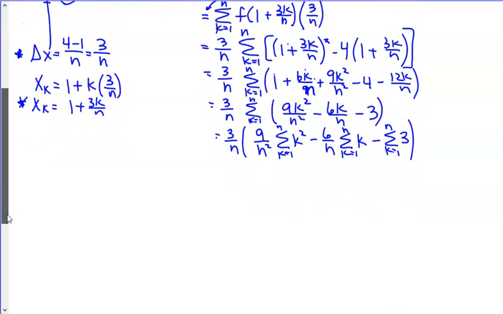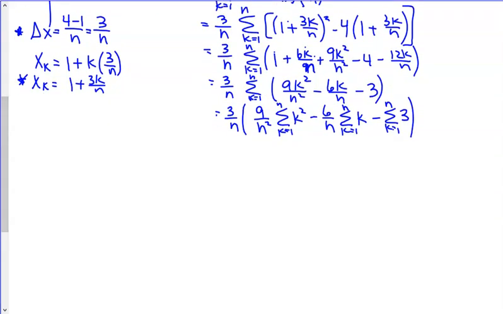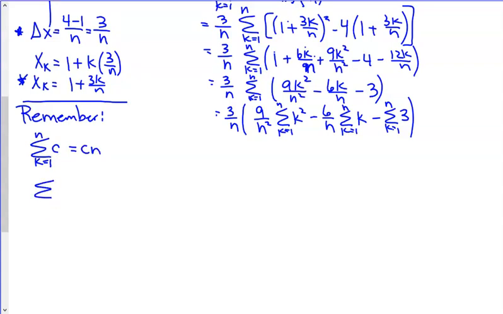Now, speaking of a constant with your sigma properties, these are the properties that I'm talking about that you probably want to remember. The sigma notation of k equaling 1 to n of that constant, remember, I can take that constant times n. And here, what do I have? I have a k term and I have a k squared term.